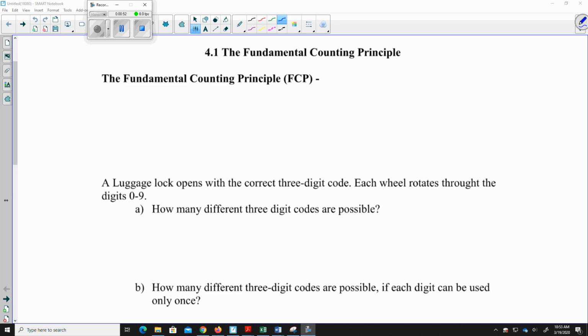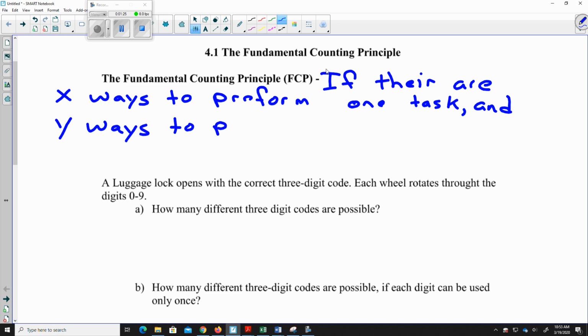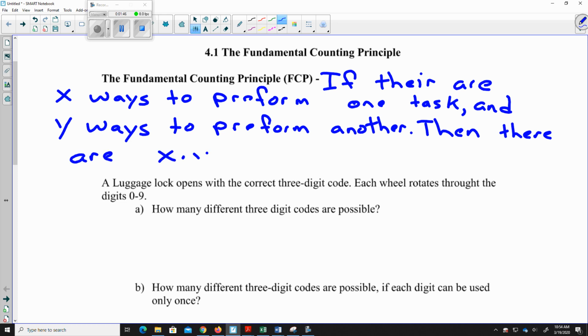So, the fundamental counting principle is: if there are X ways to perform one task, and Y ways to perform another, then, that is my if-then statement, just like chapter 3, then there are X times Y ways to perform both.